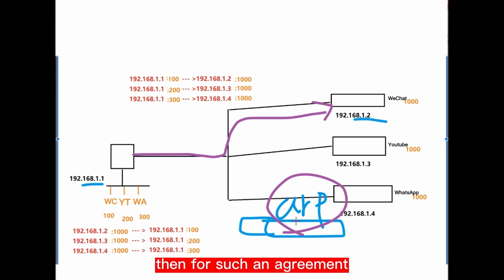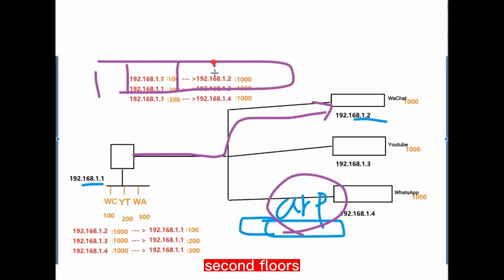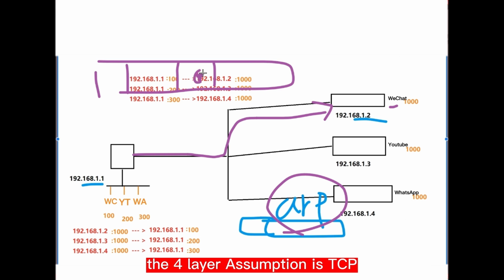Then, for such an agreement, it has a very clear purpose. This message is sent just to request MAC. Then after replying, when sending data, this is the complete data package. Second floor. 3 floors. Source IP and destination IP. The 4-layer assumption is TCP. This is WeChat server.